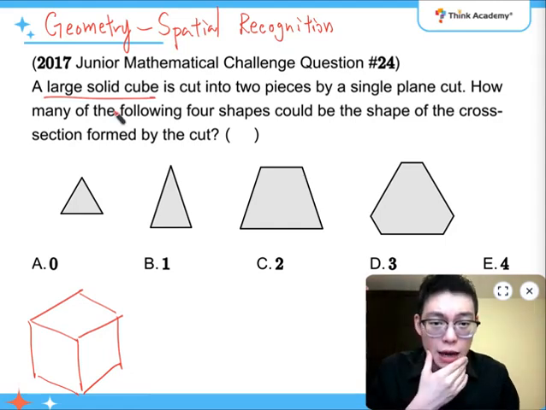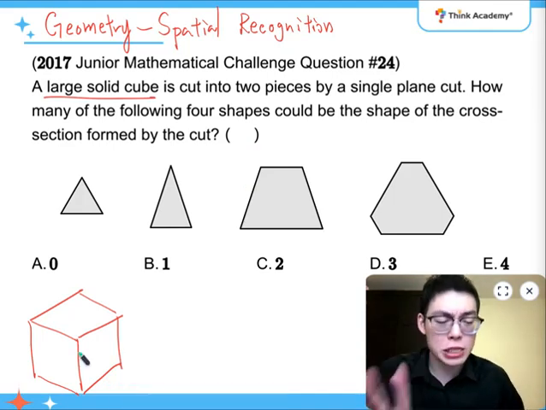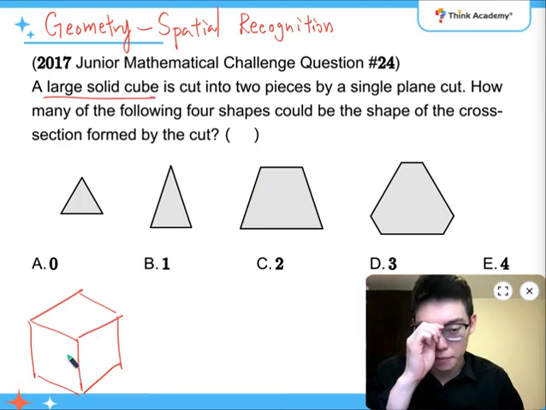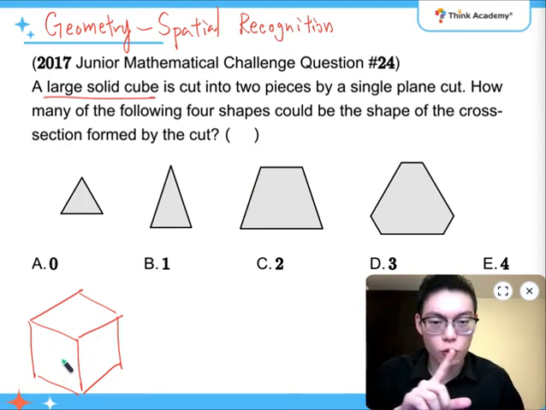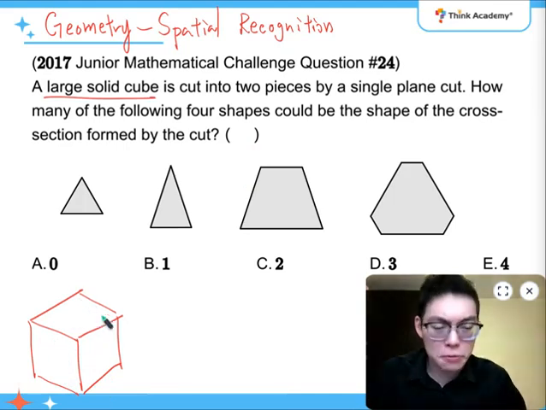So essentially, how many of these 4 shapes could be the shape of the cross section formed? Which means that if I am putting a plane in this square, which cuts the square into 2 parts, how can the plane be looking like?